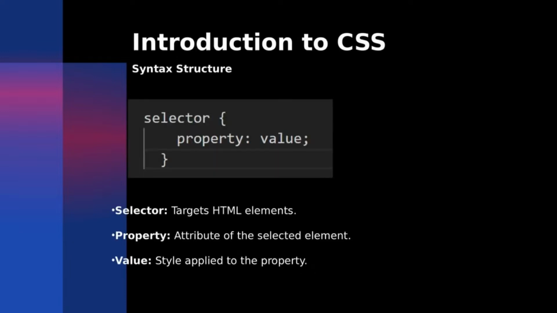All right, so how do we write CSS? Yesterday I briefly introduced you to the structure of CSS, which is called syntax. If you remember when we were talking about HTML, we talked about the HTML boilerplate and HTML tags.